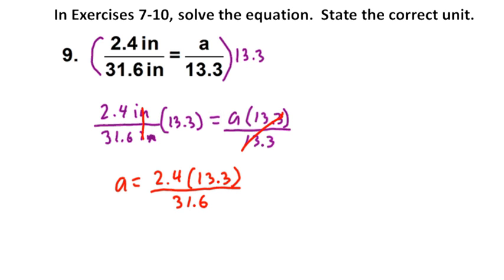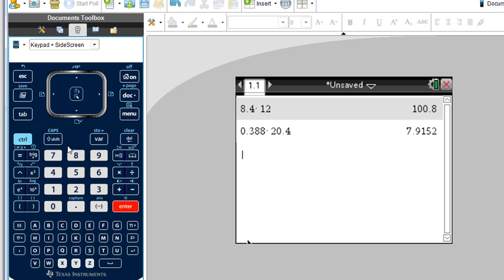So we'll go ahead and calculate our answer. 2.4 times 13.3 divided by 31.6, and we get 1.01013.